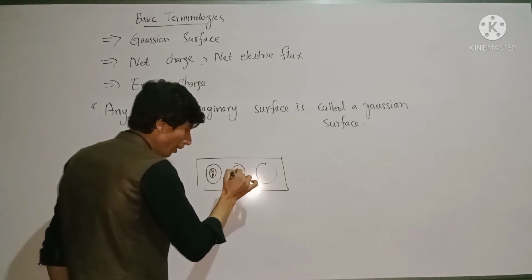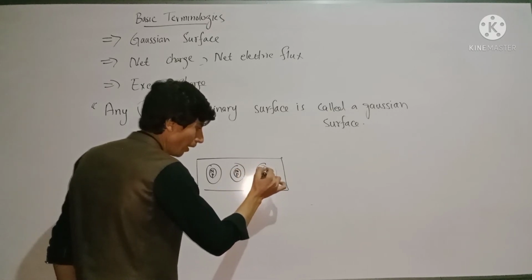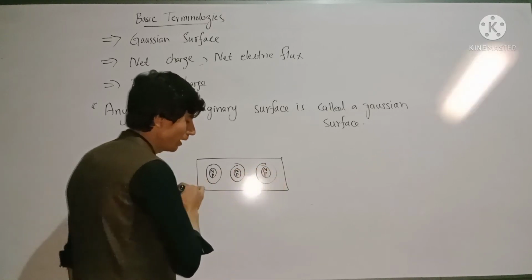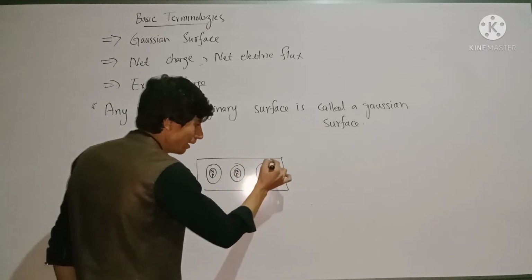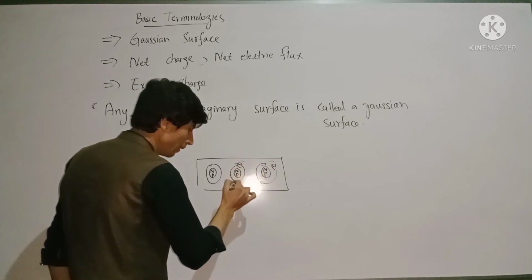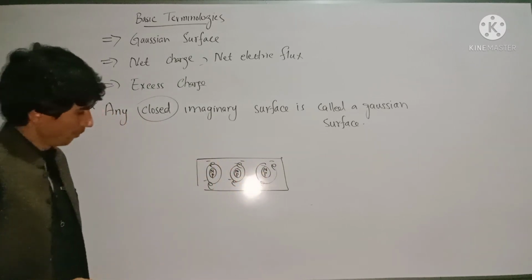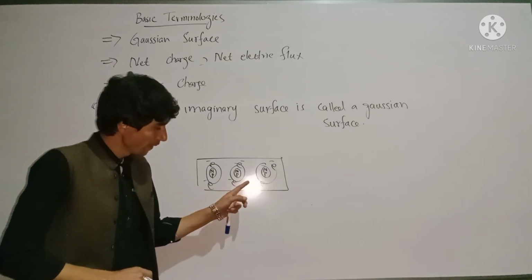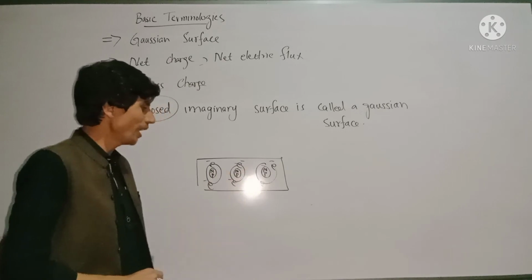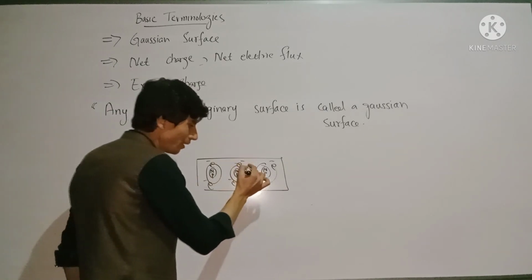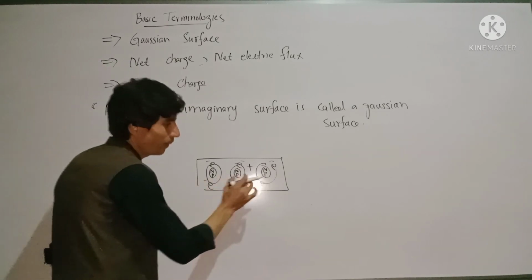Here neutron and proton, and again in this atom we have neutron and proton. Now we have some electrons or free charges as well. But be attentive, if I insert a positive charge in this conductor by some means, what will happen?